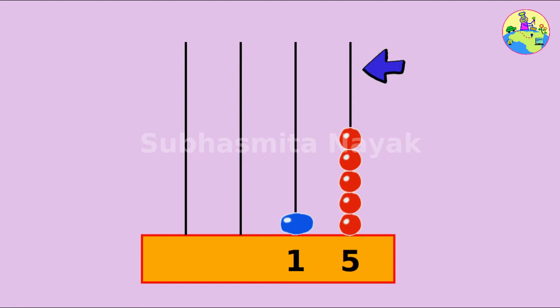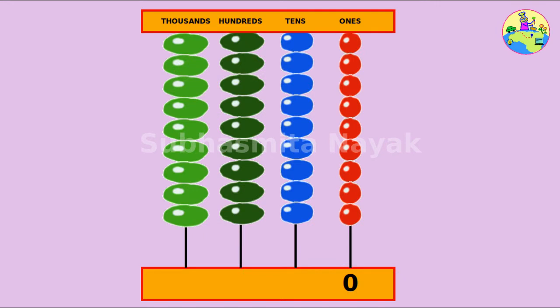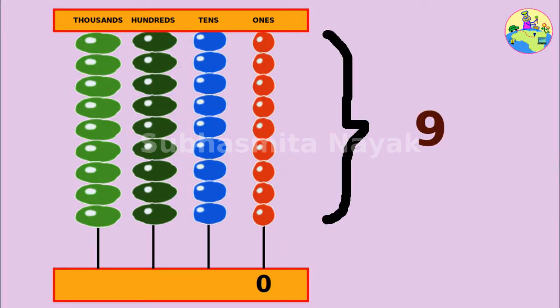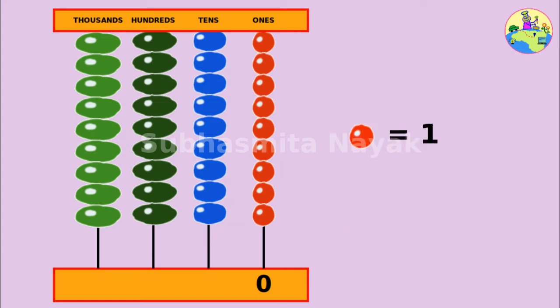Now let's stop here and think about the real abacus available at our school. This is how some abacus looks. Here in each rod we have 9 beads. Starting from the right, each bead in the ones place has a value 1.